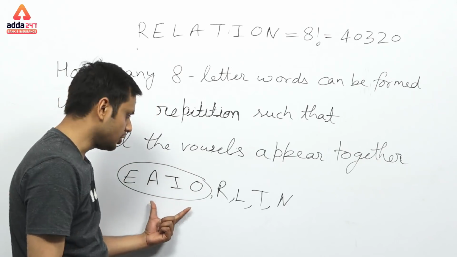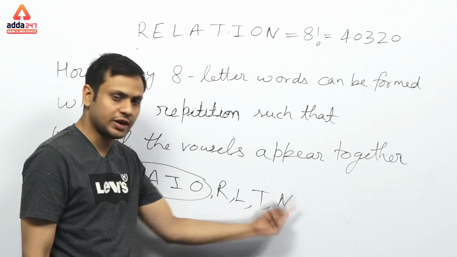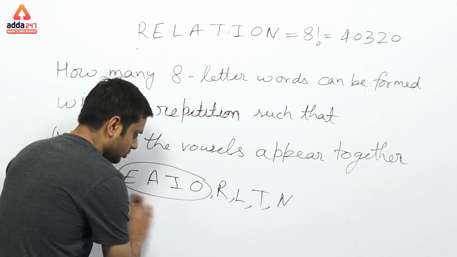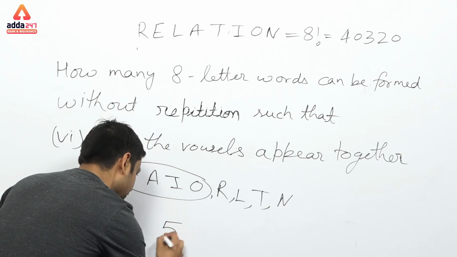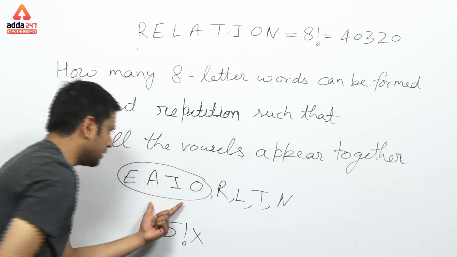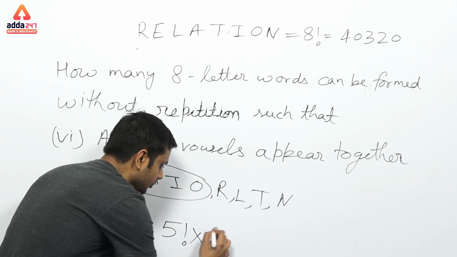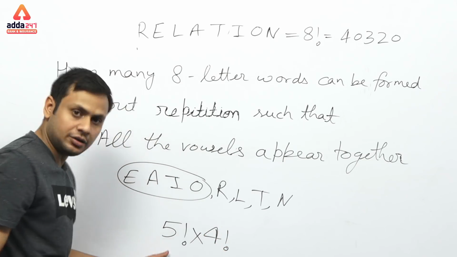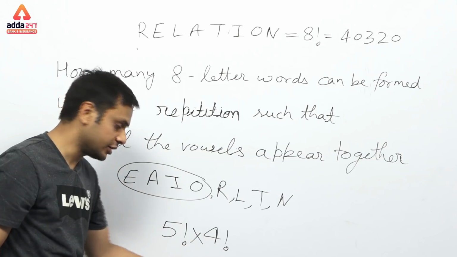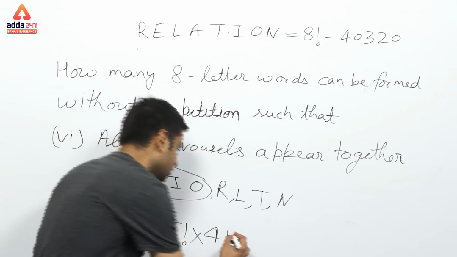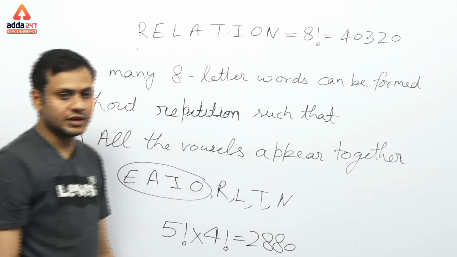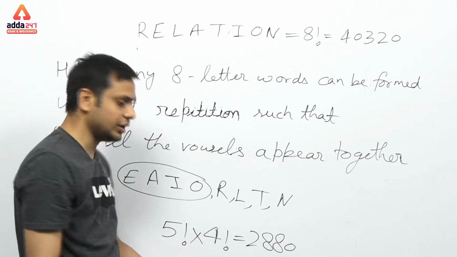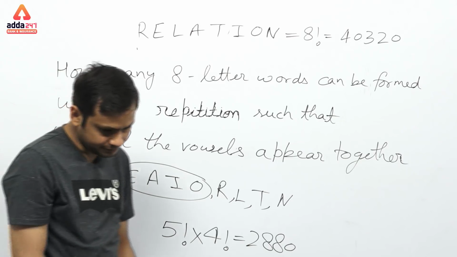This is one group. 1, 2, 3, 4, 5. So these can be arranged in 5 factorial. Now we can also arrange these 4 vowels in 4 factorial ways. So 120 into 24, we will be getting 2880. So that's our answer, guys. It is 2880.